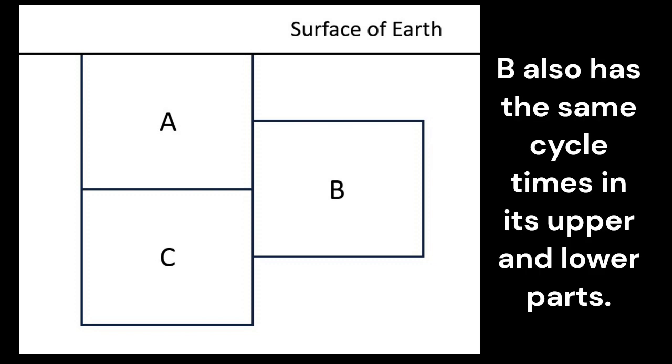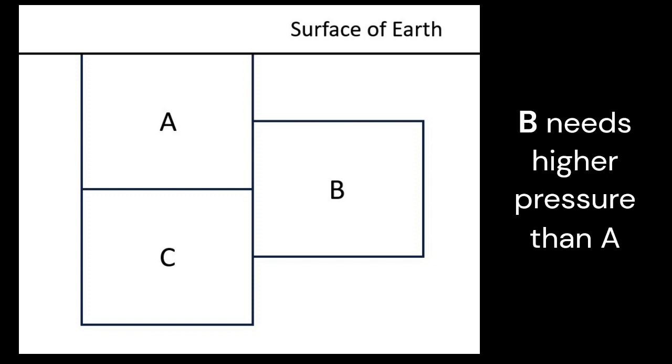So it also needs to have its cycle times be equal in the upper and lower portions. So B needs to be, because it has even higher velocity gradient, B needs to have an even higher pressure in order to make its cycle times equal, so that the energy returns at the same time in both halves of B.